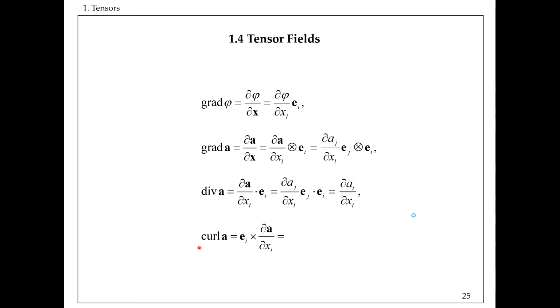So we define this curl operator in this particular way, and then we can explicitly write this vector A as we have done before, A_j multiplied by e_j, and so we need to couple this e_j with e_i through the vector product while we're still taking the derivative of the components of that e_j.